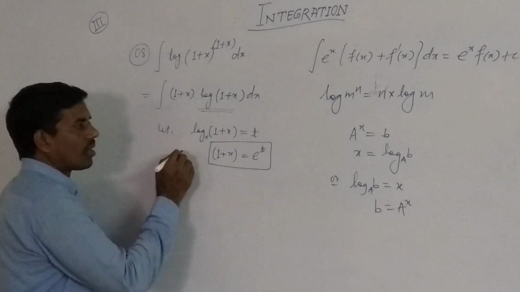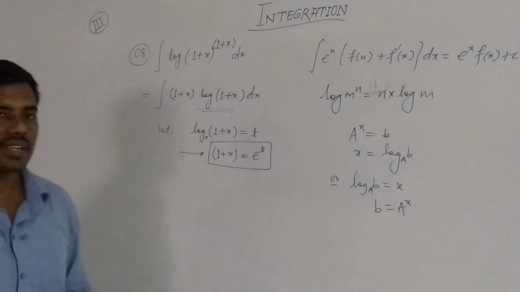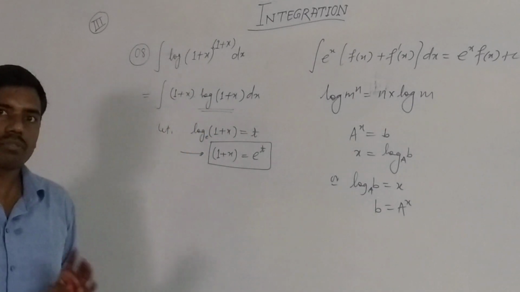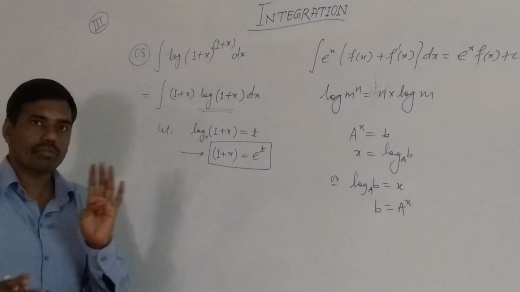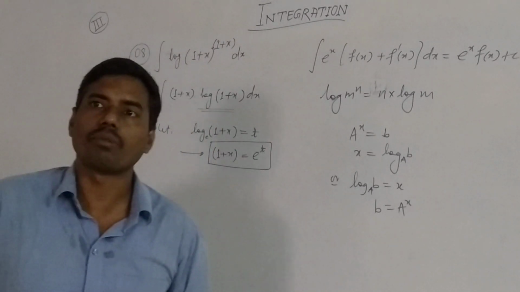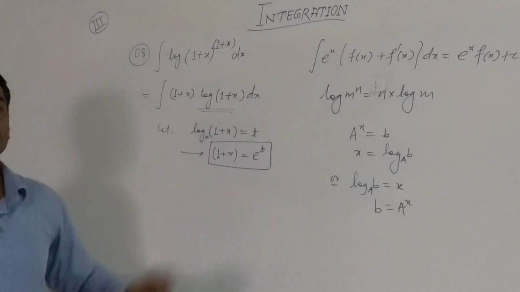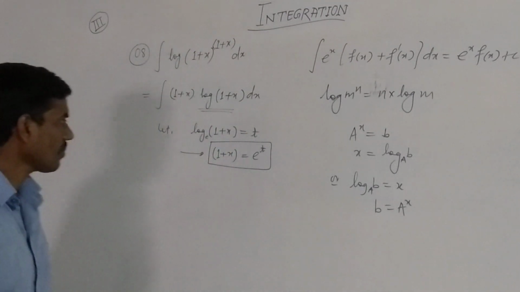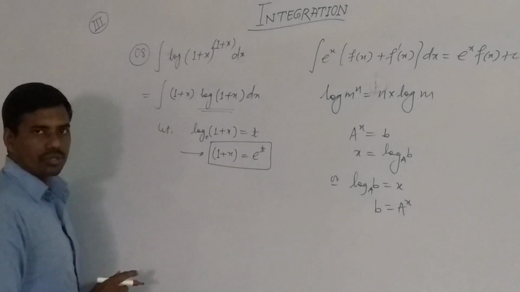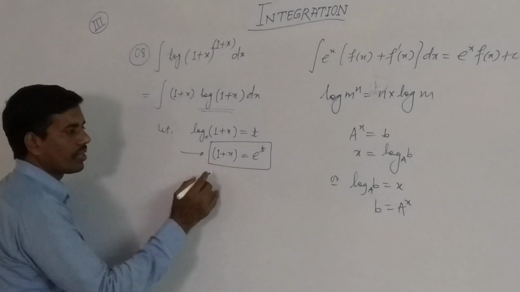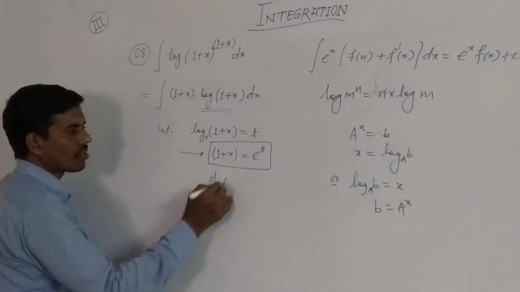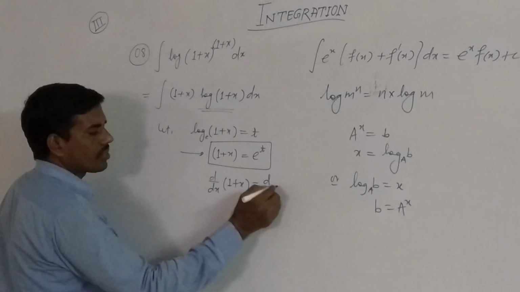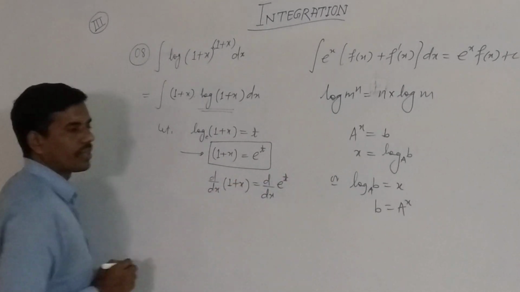Okay, now we have to change dx in the form of t. Since we are changing all functions containing x in the form of t, we have to convert dx in the form of dt. Taking derivative of both sides, d by dx of 1 plus x is equal to d by dx of e to the power t.